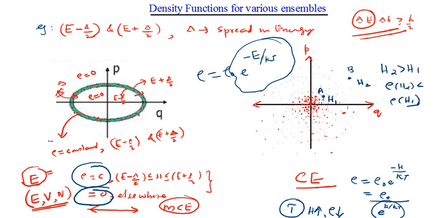You would also have seen the same expression when studying the population of states at a particular temperature, especially in lasers, or in spectroscopy, where n by n0 is equal to e raised to minus E by kT, or n is equal to n0 e raised to minus E by kT. The number of particles in the upper state and the lower state are connected.